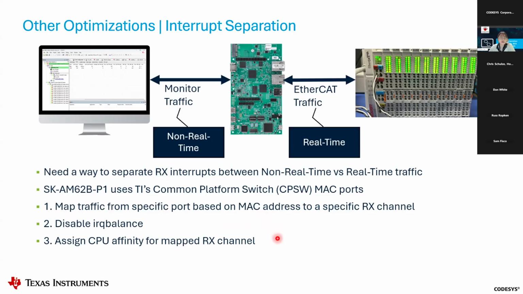The second step is to disable IRQ balance, if not already done, so that the operating system doesn't automatically change which CPU core is processing each of these different hardware interrupts. This allows us to do step 3, which is to assign a specific CPU affinity for the mapped RX channel, so that we can separate processing onto specific cores for non-real-time and real-time RX interrupts.